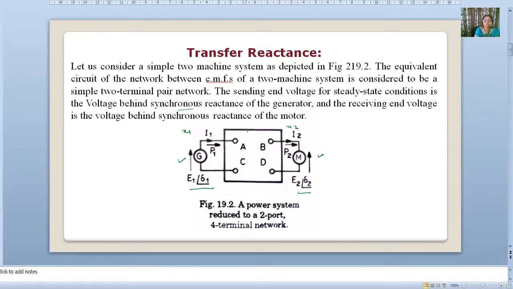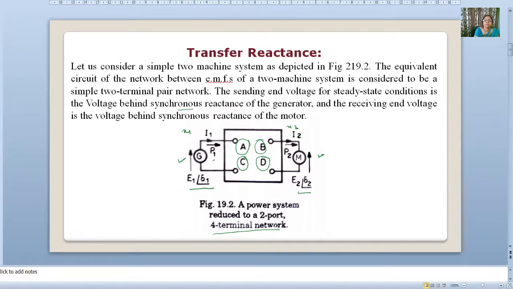ABCD parameters. This power system is reduced to a four terminal network. We have to find out the A parameter, B parameter, C parameter, and D parameter.